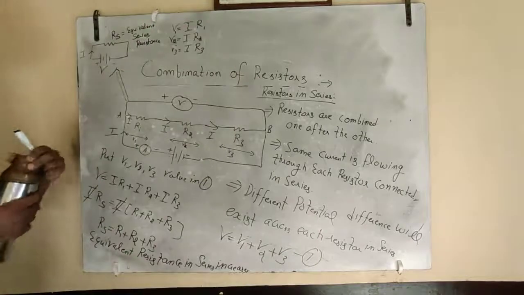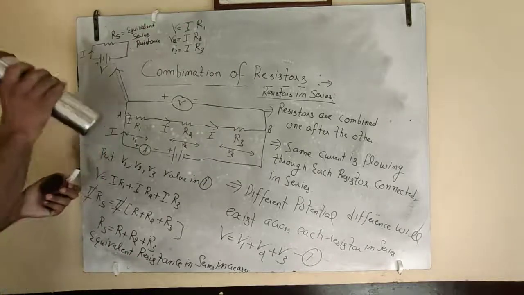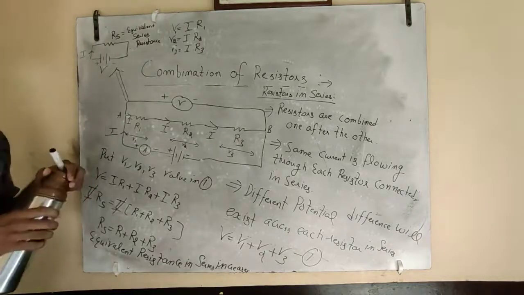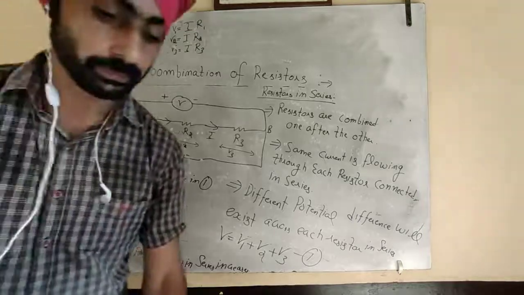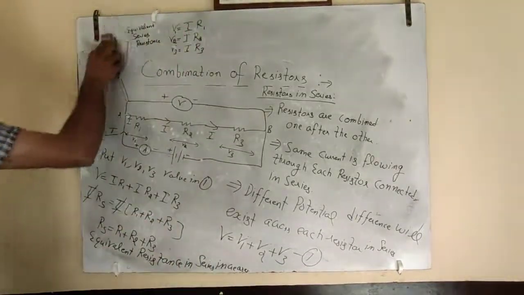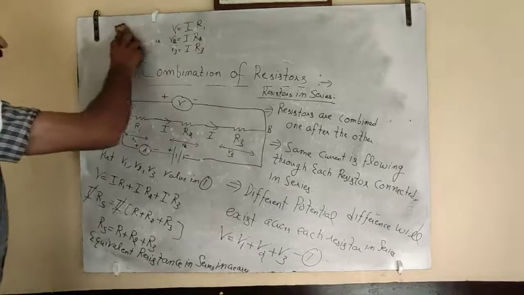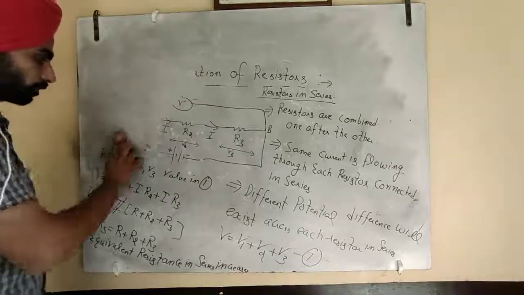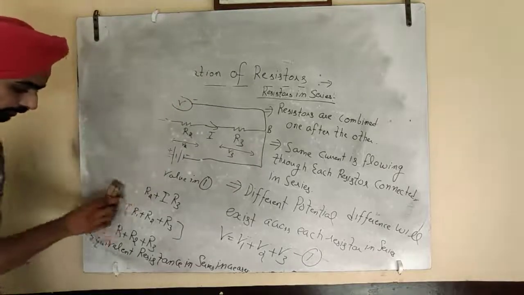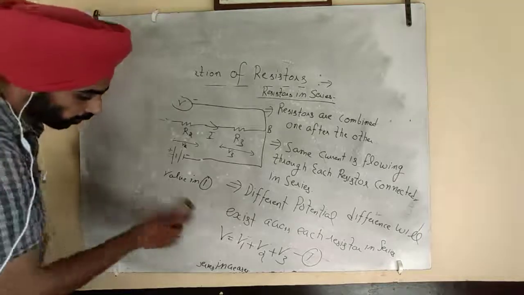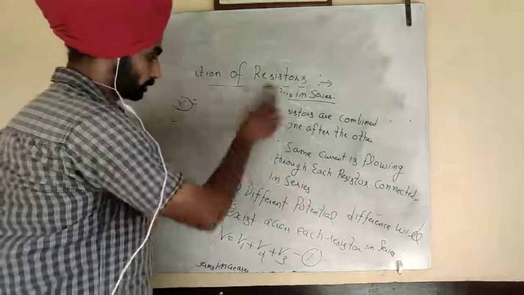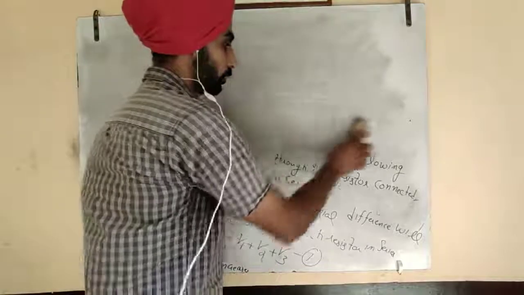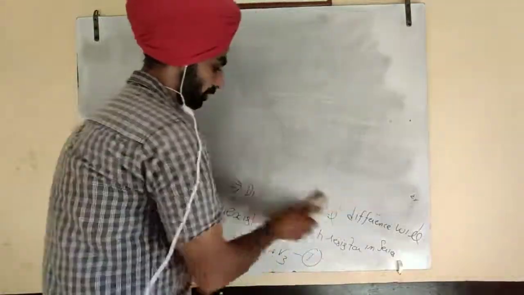So for the next topic, make the heading resistors in parallel. So what is the way of connecting different resistors in parallel?